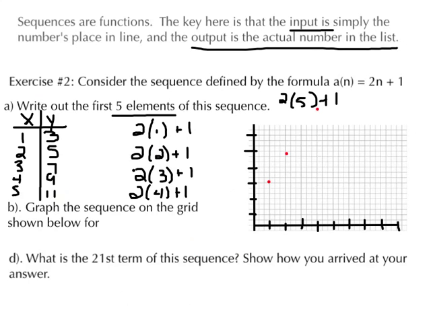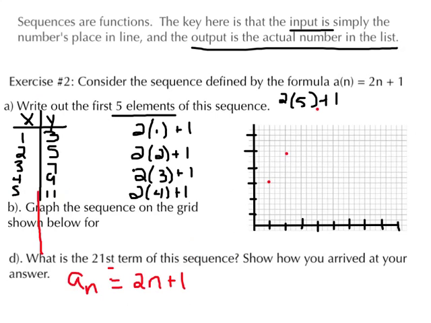I'd like you now to look at D. D says, what is the 21st term of the sequence? Show how you arrived at your answer. Well, you could just extend this graph and keep going all the way to 21. Or you can take the sequence a sub n equals 2n plus 1 and say, all right, I know my a sub n.